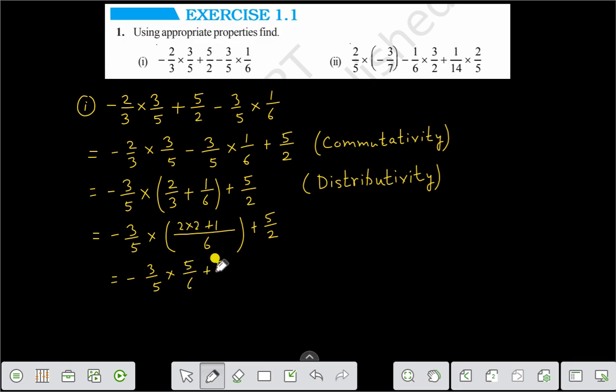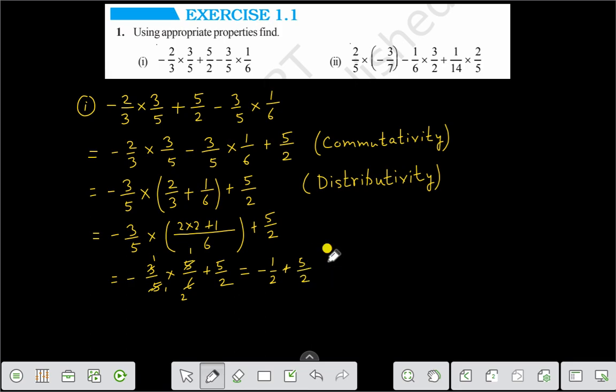This 5 will cut, and 3 will cut, 3 2s are 6. We are getting minus 1 by 2 plus 5 by 2.